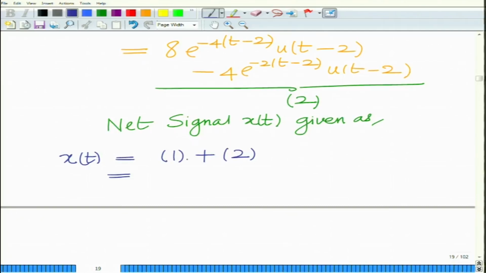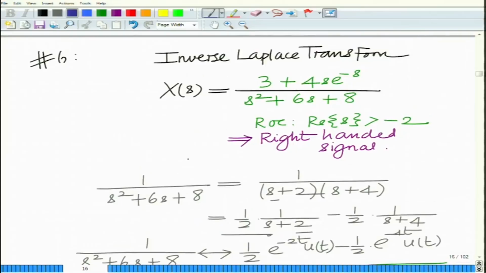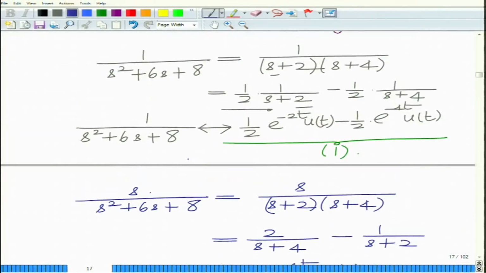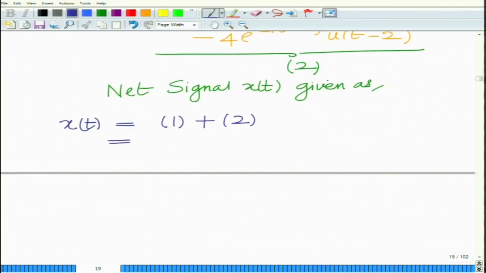It is not exactly result 1, because it has to be multiplied by a factor of 3, since we are finding 3 over s square plus 6s plus 8. So 3 over s square plus 6s plus 8 will be 3 over 2 minus 3 over 2.